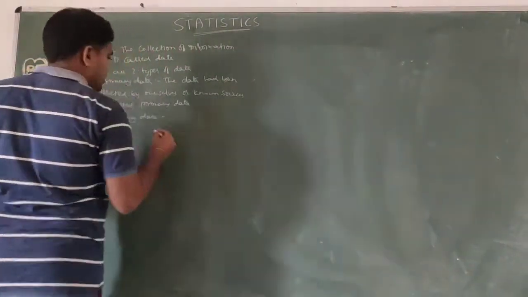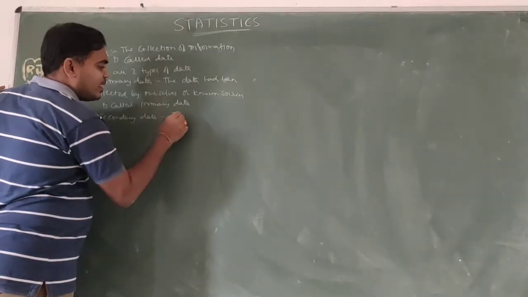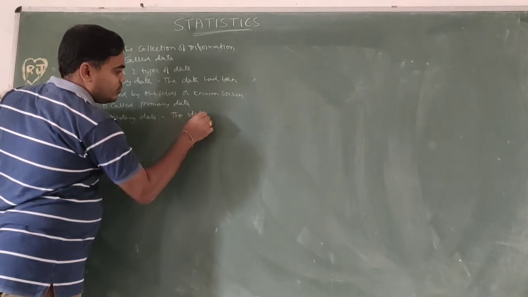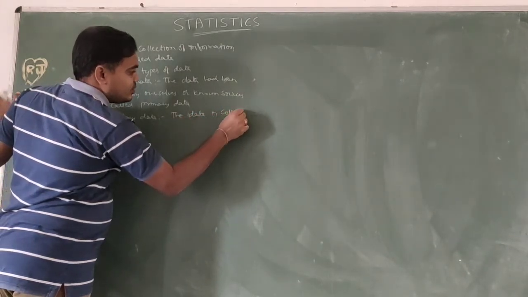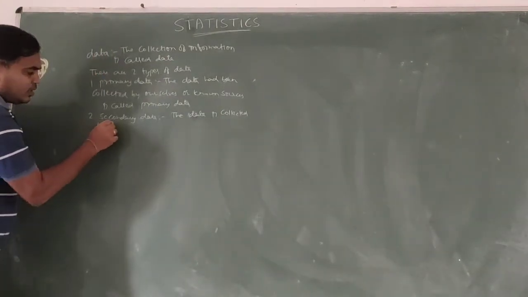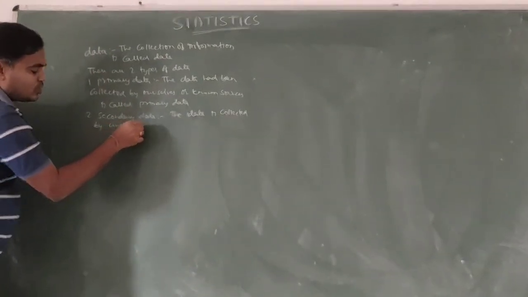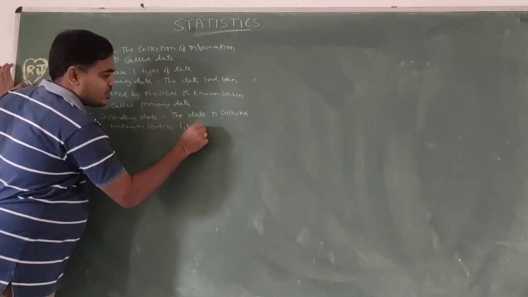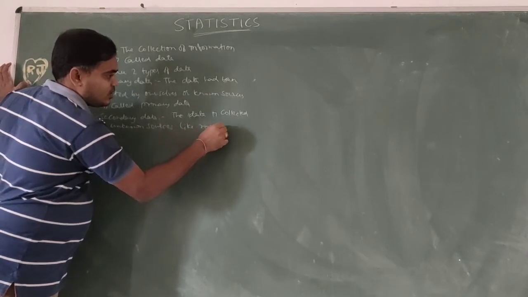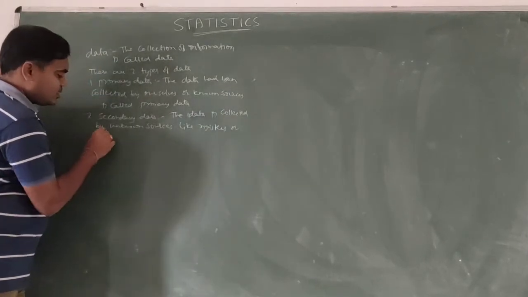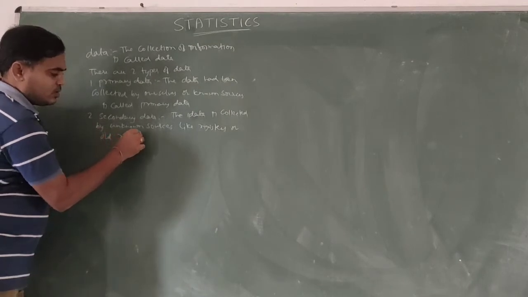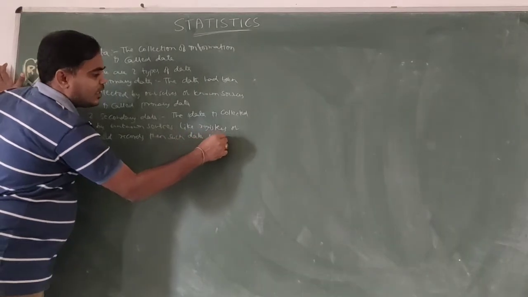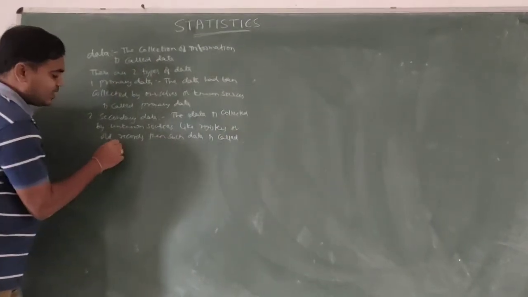So the data collected from unknown sources like registers or old records is called secondary data.